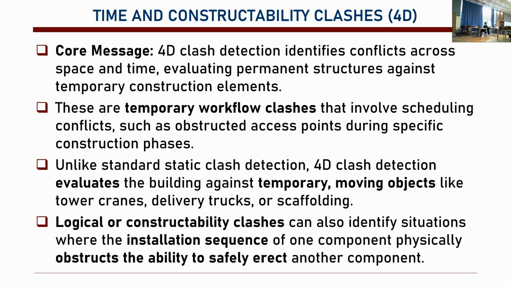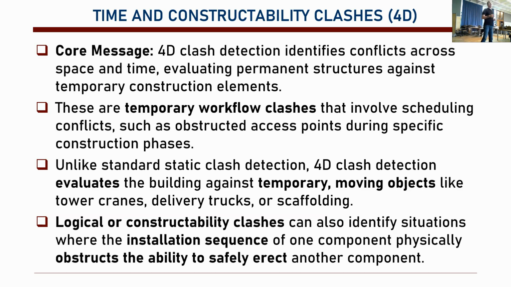And of course, we have time and constructibility clashes. So this is another thing. See, the first one was hard clash. Second one is soft clash, clearance clash, and the third one is time and constructibility clash. Basically, conflicts across space and time. We are evaluating permanent structures against temporary construction elements.